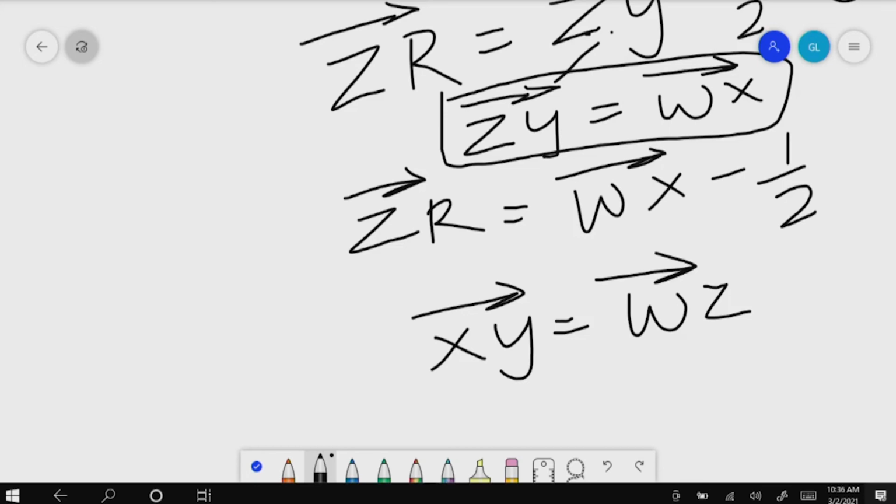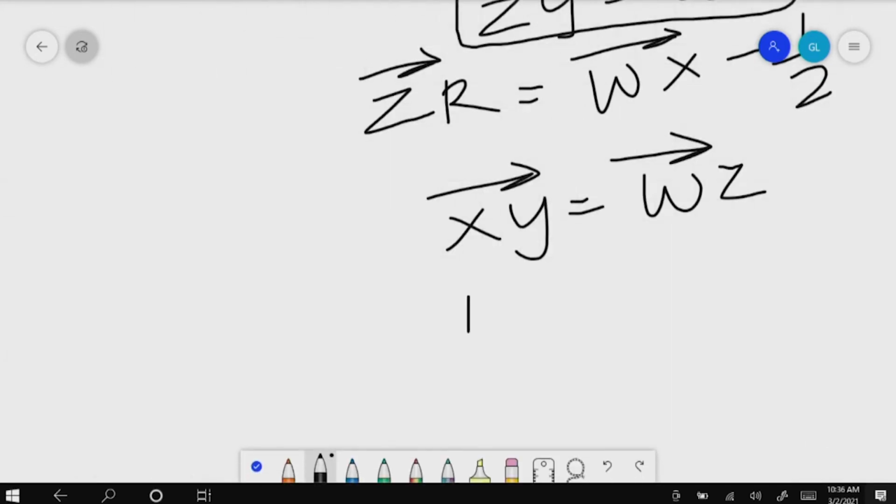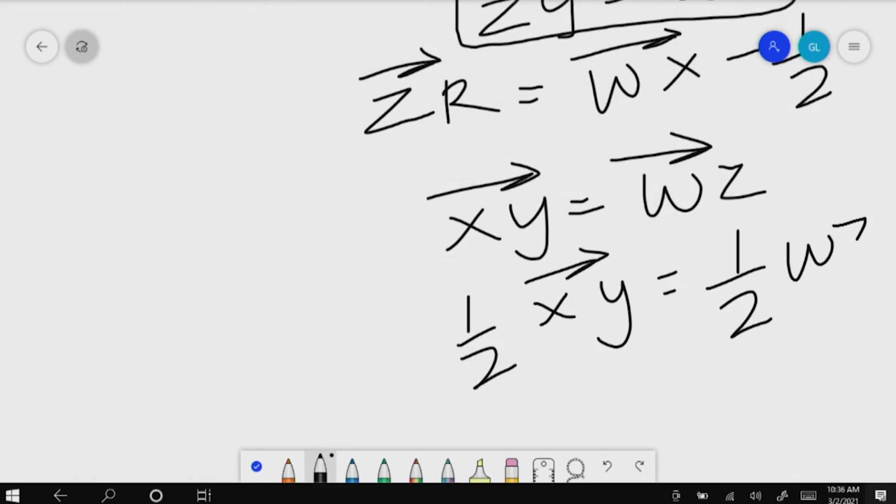So if we were to find half of XY, this would have equal to half of vector WZ as well.